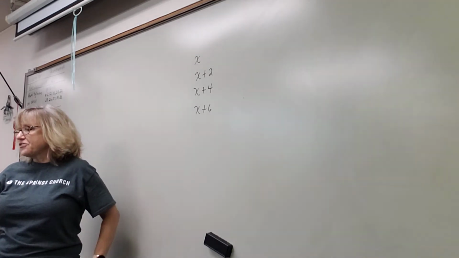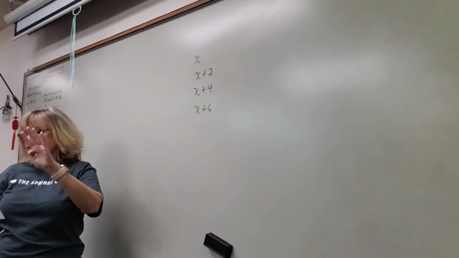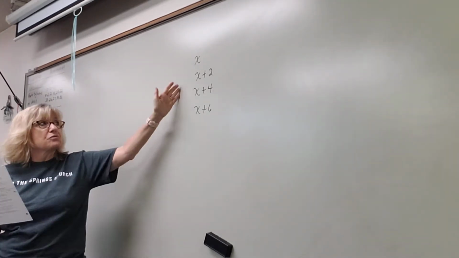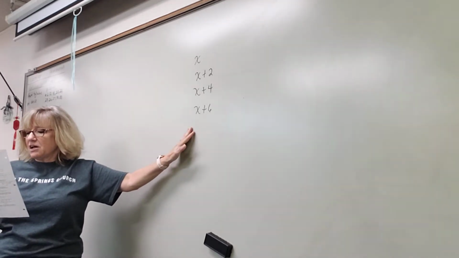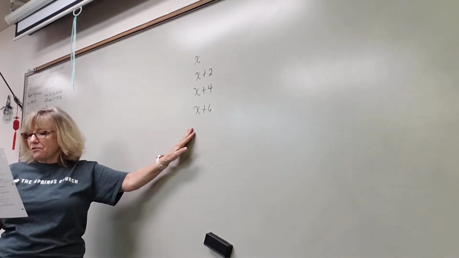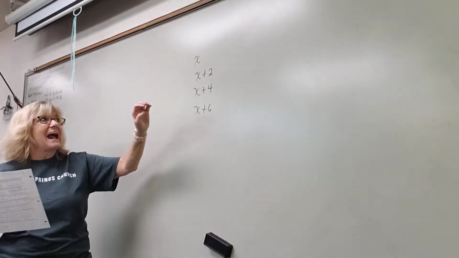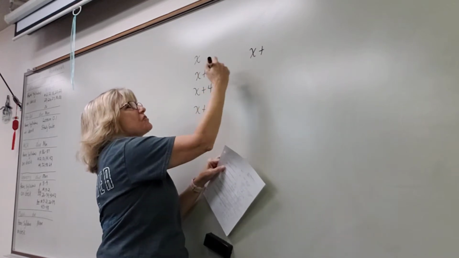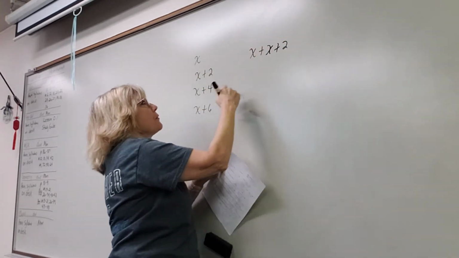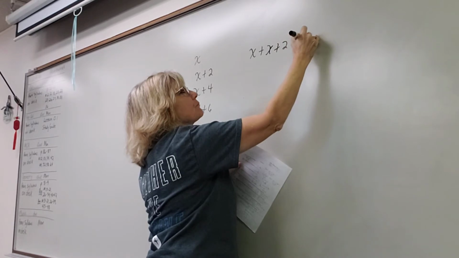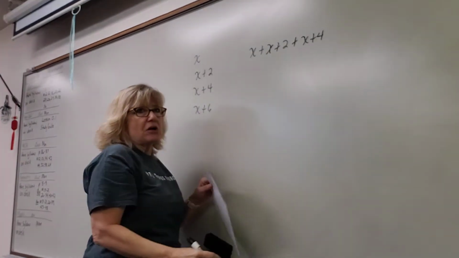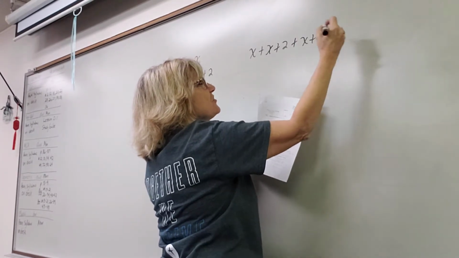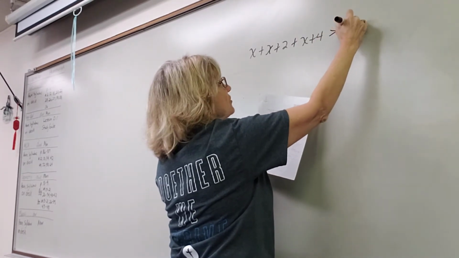And it asks us to add 4 consecutive even integers so that their sum, the first 3 added up, exceeds the 4th by 8. So we're going to add the first 3: x plus the second one, x plus 2, plus the third one, exceeds the 4th, which is x plus 6.